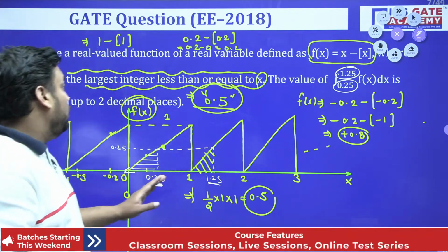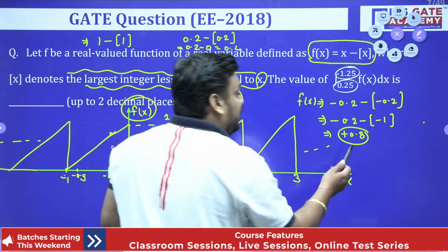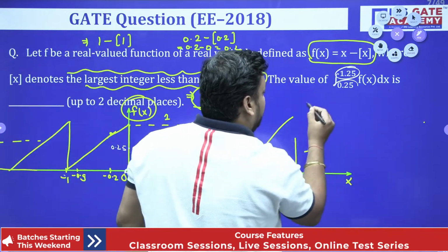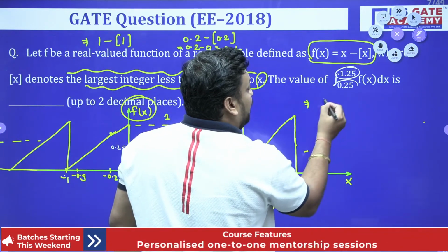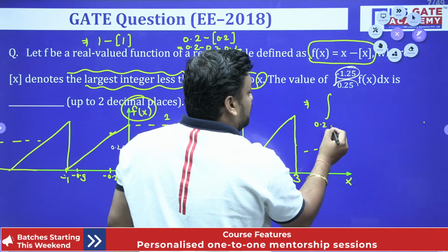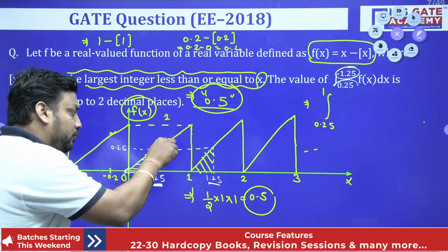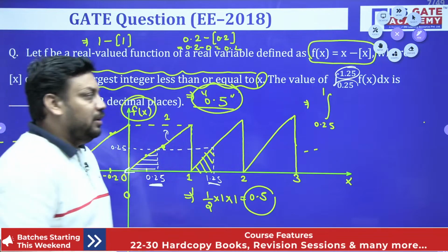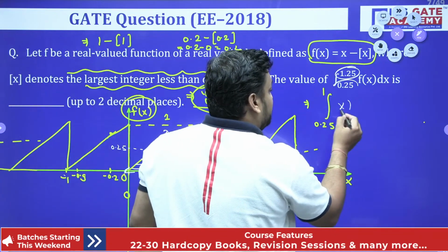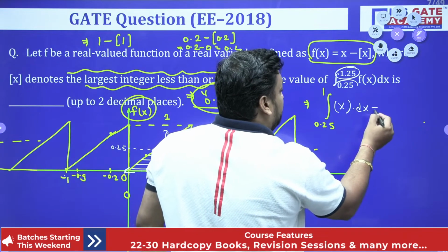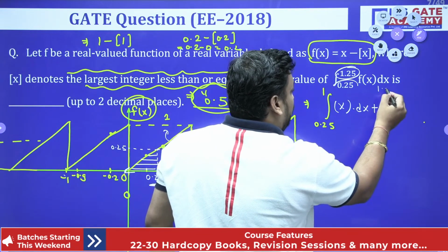So if you want to solve it by the conventional approach, you should write the integral from 0.25 to 1 of x dx, plus the integral with limits from 1 to 1.25.